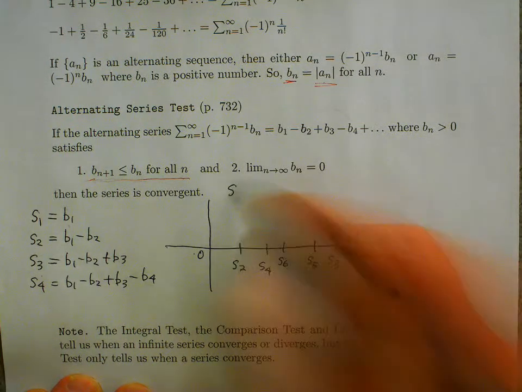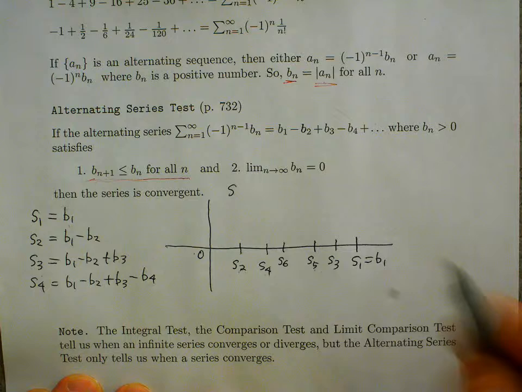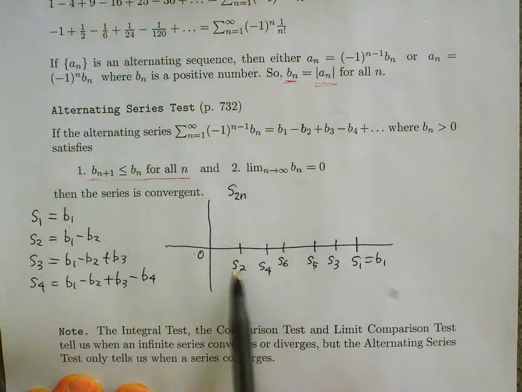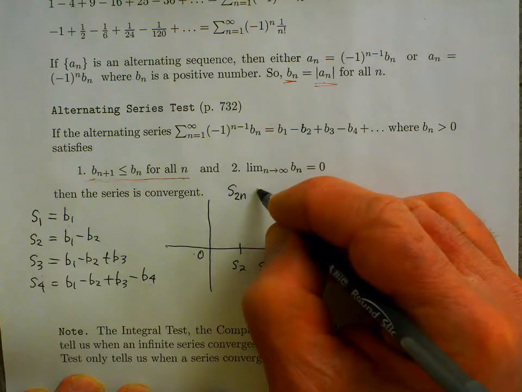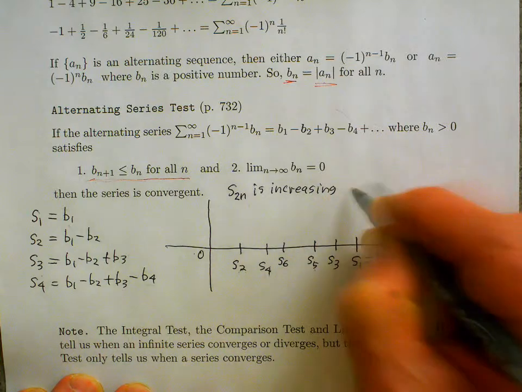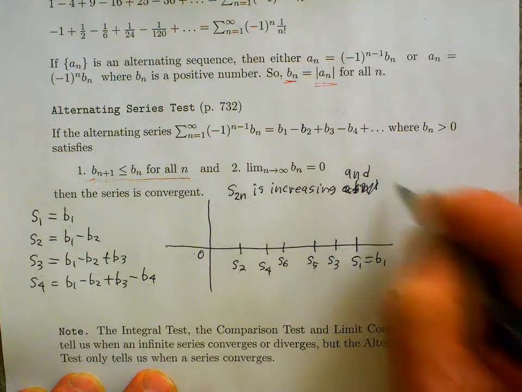So the sequence of terms with even subscripts, if I refer to it as S sub 2n, this sequence is increasing and bounded above.